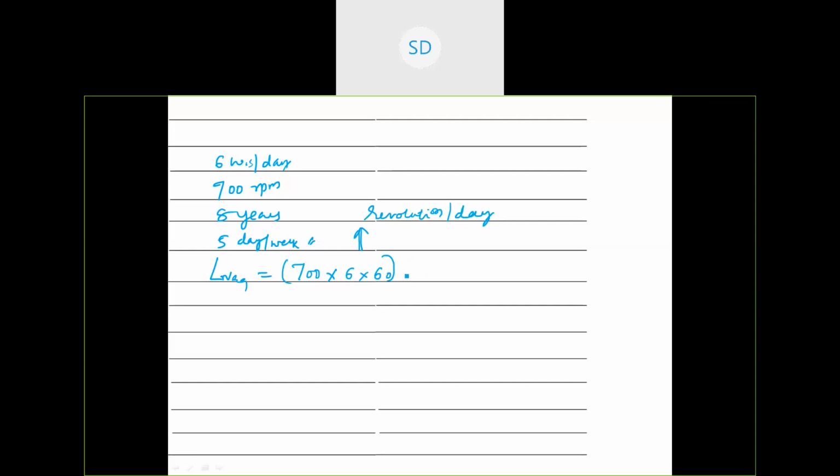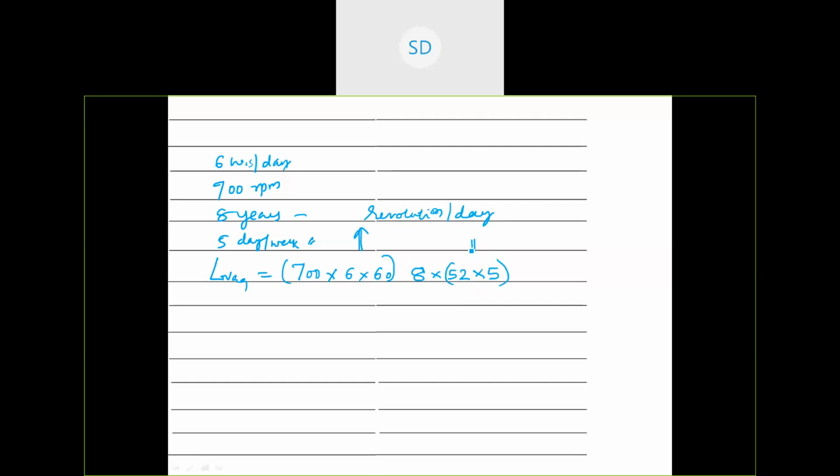Next, so now it is going to work for 8 years. It is going to work for 8 years, right? Now how many days per week? Now we have 52 weeks here. Okay, you have 52 weeks and it is going to work for only 5 days.